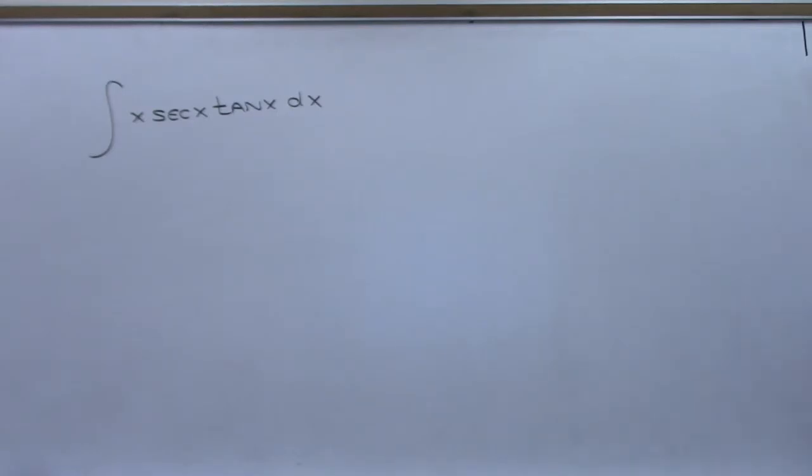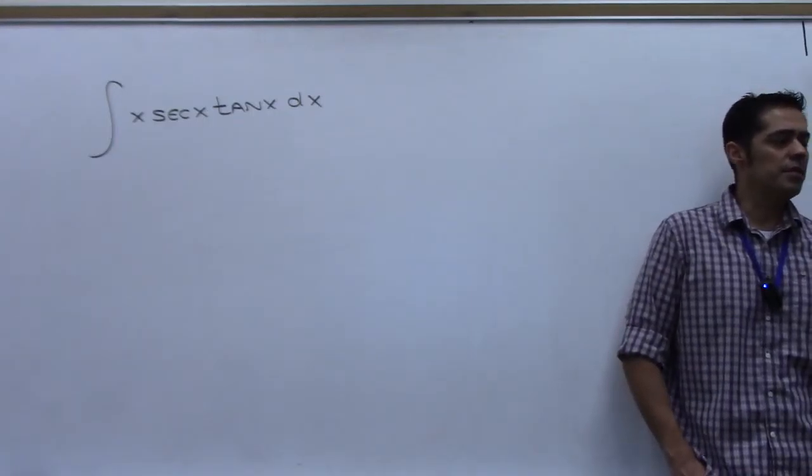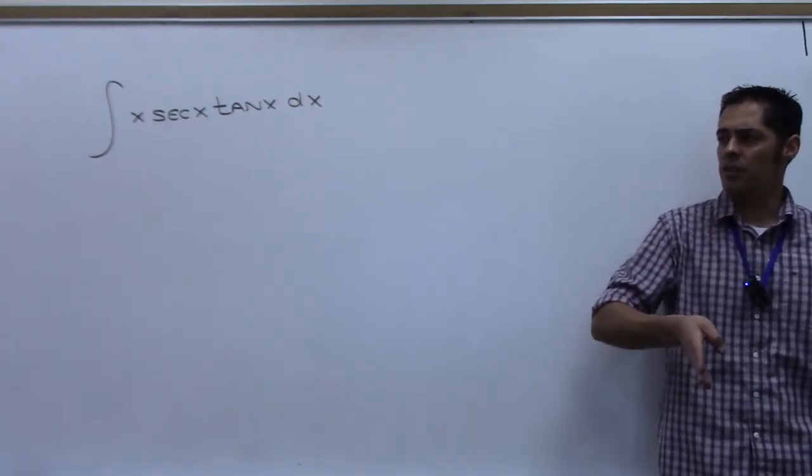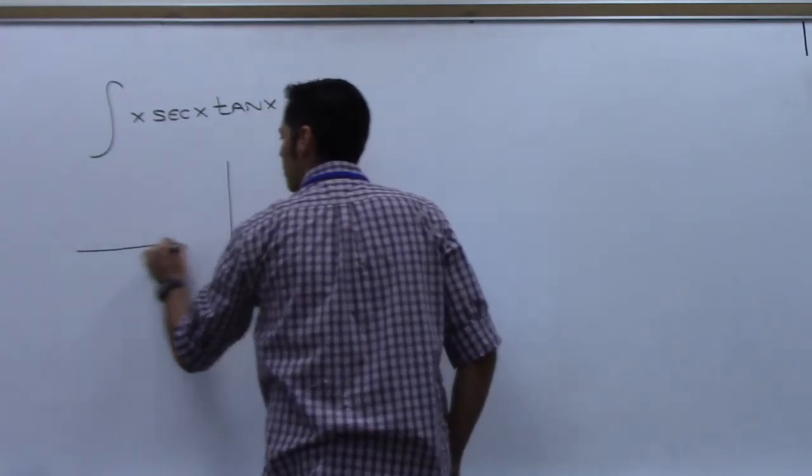This is an integration by parts? Or no? What would you choose for your u if you're going to do integration by parts here? What would you choose for u? X, because it gets better when you differentiate it. But that means that you're going to need to be able to integrate everything else. So let me see.